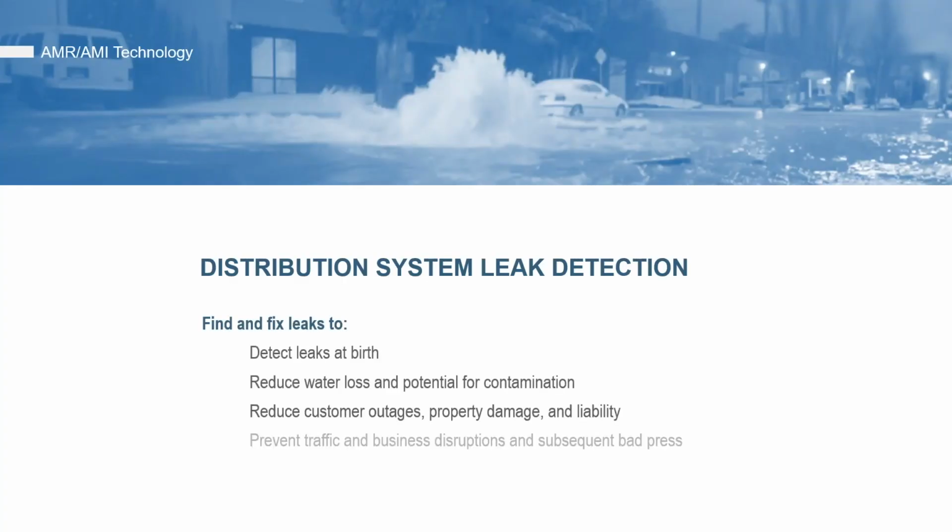Distribution system leak detection is another thing that is really more centered towards the AMI type systems, that real-time technology that allows a constant or a very short interval period speaking back to the utility provider.